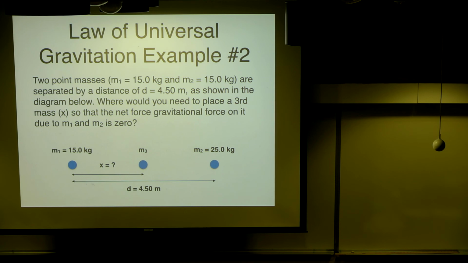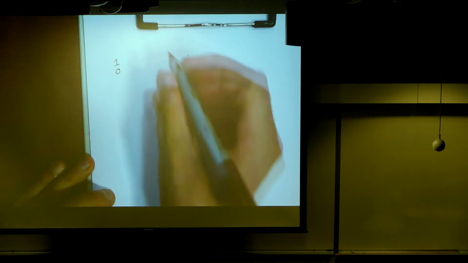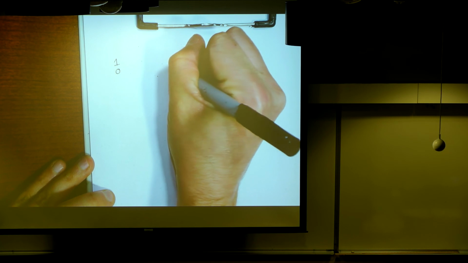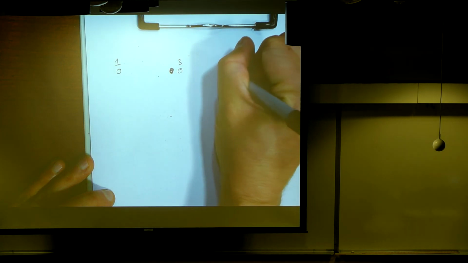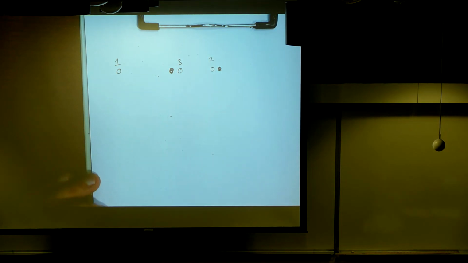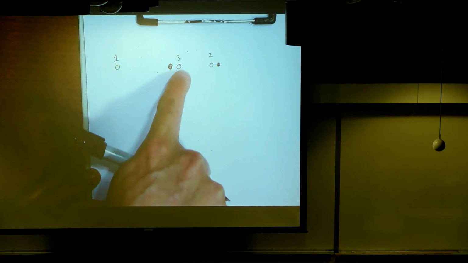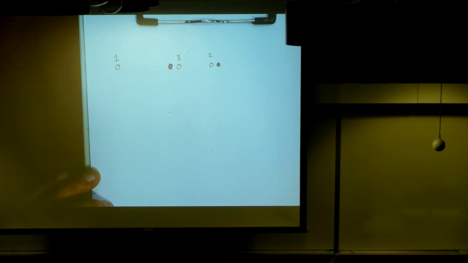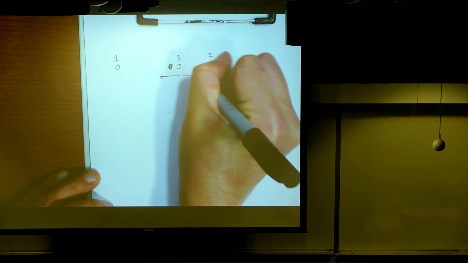All right, so I'm going to copy down the picture. We have mass number 1 on the right. We have mass number 3 in the middle. And then we have mass number 2 over here, okay? And what we're interested in is the total force on mass number 3 being 0. So I'm going to show the two forces that act on it.